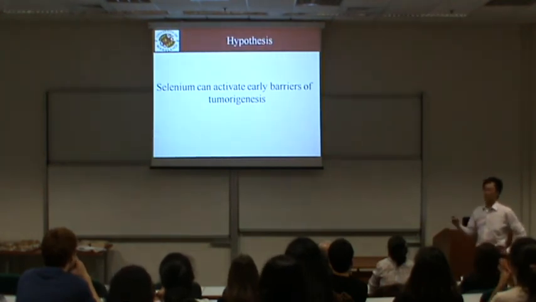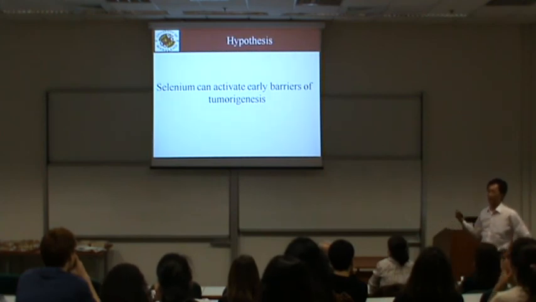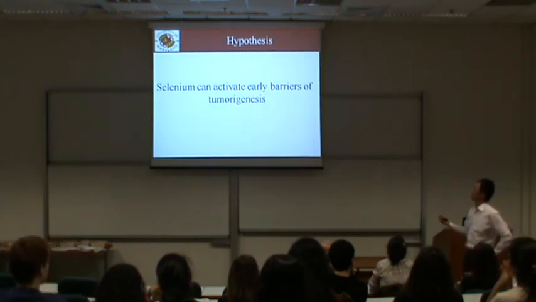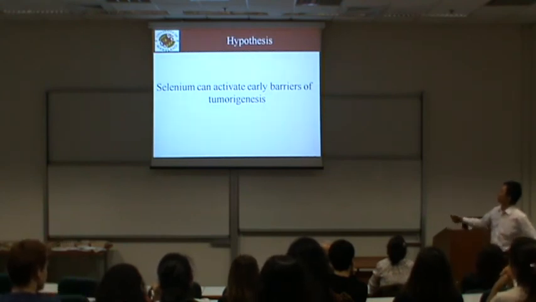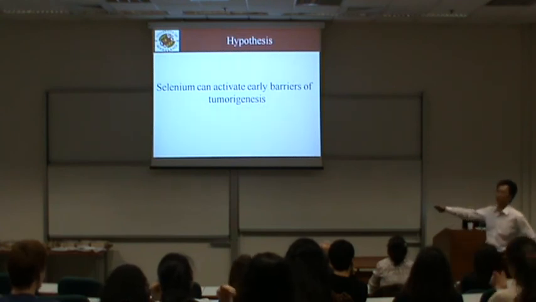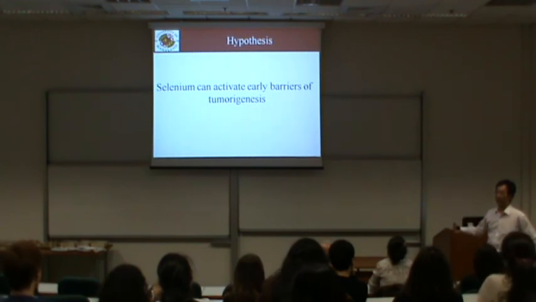Based on this, the selenium and cancer field, as well as the markers of early events of tumorigenesis, a few years ago we made a hypothesis that if selenium can counteract tumorigenesis, selenium should activate the early barriers of tumorigenesis, that means the ATM-dependent pathway as well as cellular senescence.